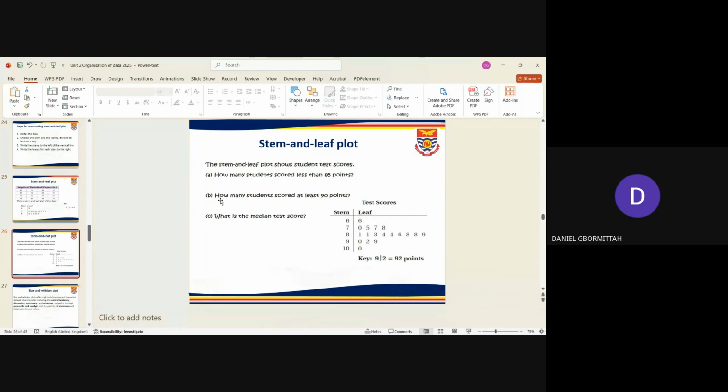What about the B part of the question? How many students scored at least 90 points? At least 90 points means 90 and above, isn't it? Yes, please. So you have 1.